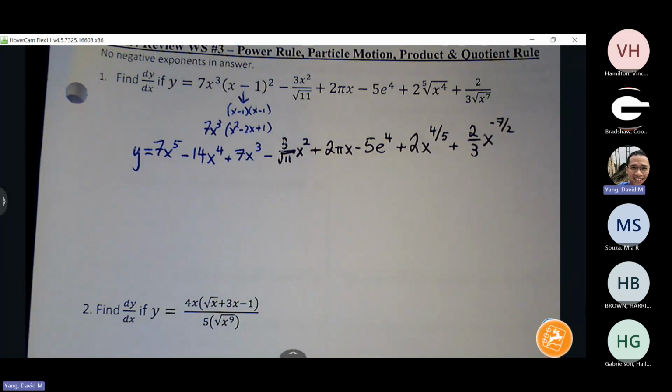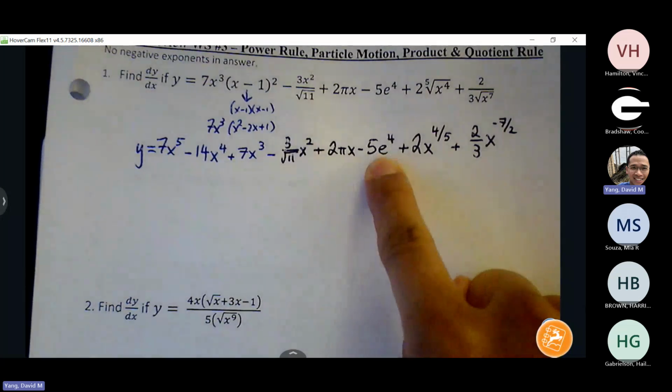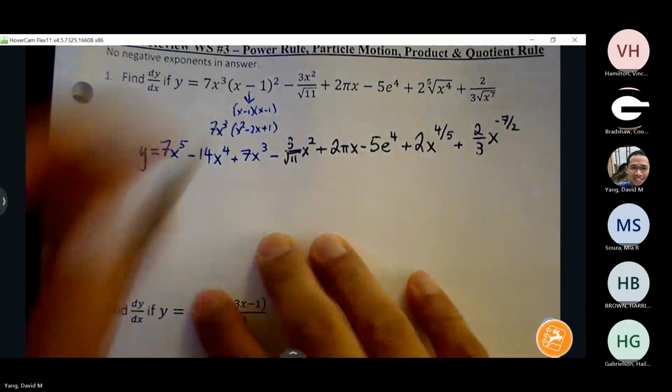Okay, so now we can do power rule. We go through the same steps for every term: bring the exponent down, subtract 1 from the exponent, except for this, we know that's a constant, that's just going to go to a 0.